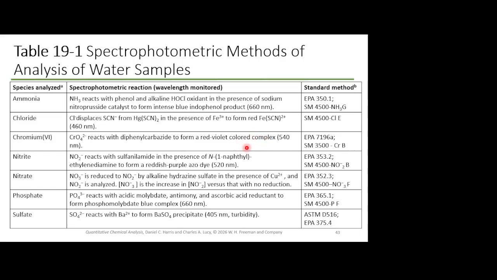So if you add this in excess, you're going to get a nice band at 540 nanometers that's going to be directly proportional to your chromium amount in that water. Incredibly important, because did anybody see what the number here for chromium is? Oxidation number 6, right? So that's hexavalent chromium. It's very toxic. Really bad for humans and all life. Does that make sense so far?